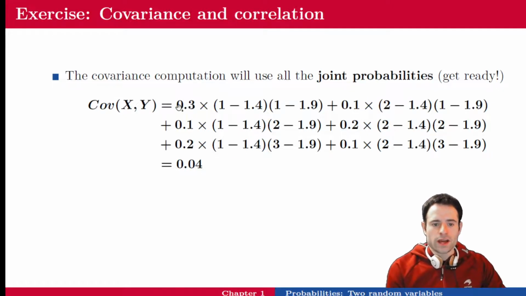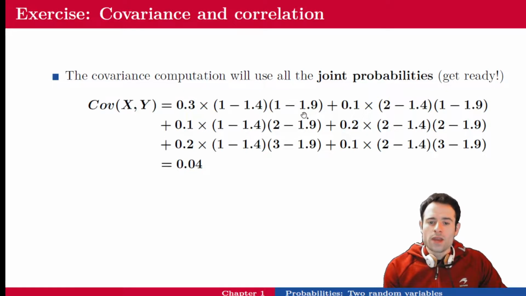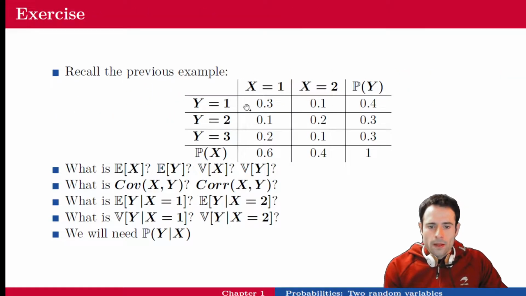Now, every time we multiply the probabilities by the corresponding values minus their expectation. 1.4 was the expectation of x. 1.9 is the expectation of y. So this probability, 0.3, corresponds to the probability that x is equal to 1 and y is equal to 1 as well.